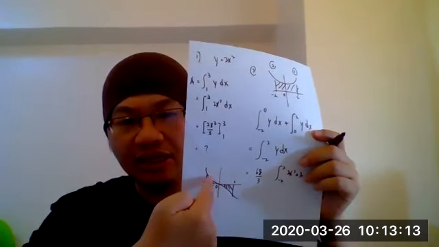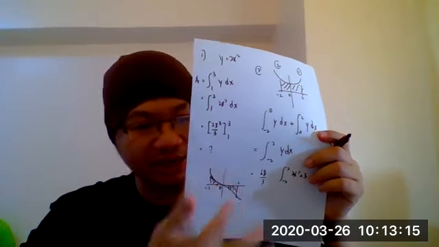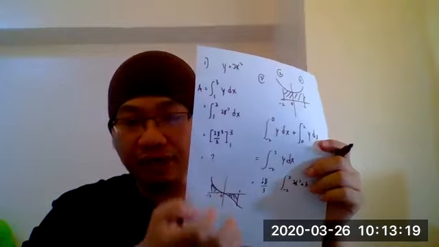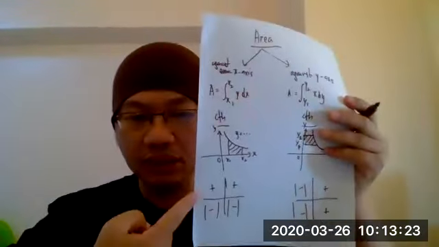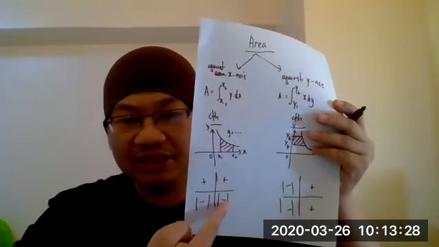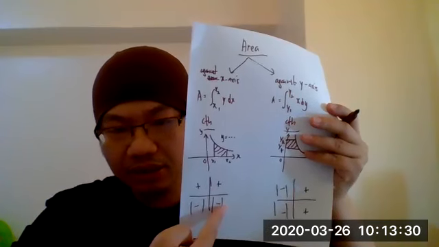So besides having two different quadrants, they also have two different characters. If you look at the notes here, in the first quadrant, the answer is always positive. In the third quadrant, the answer is always negative.